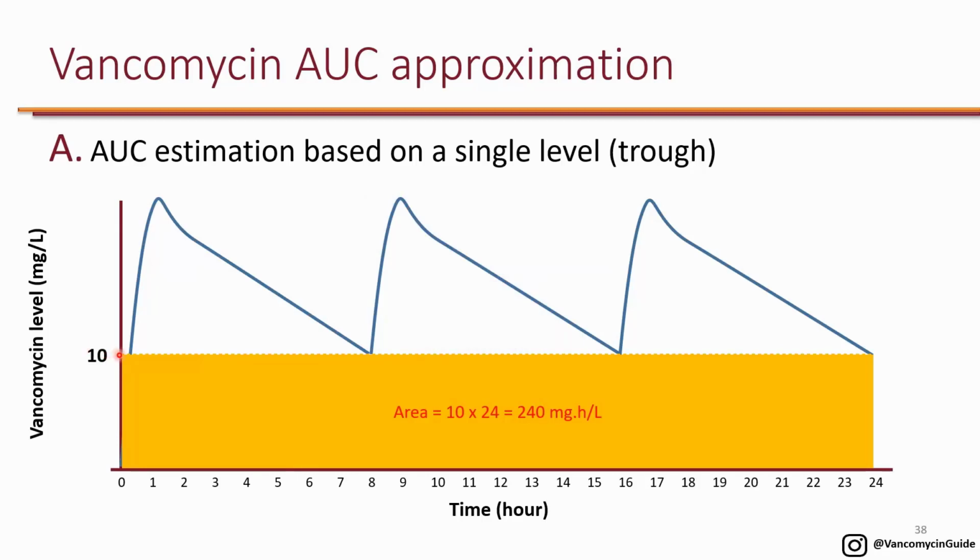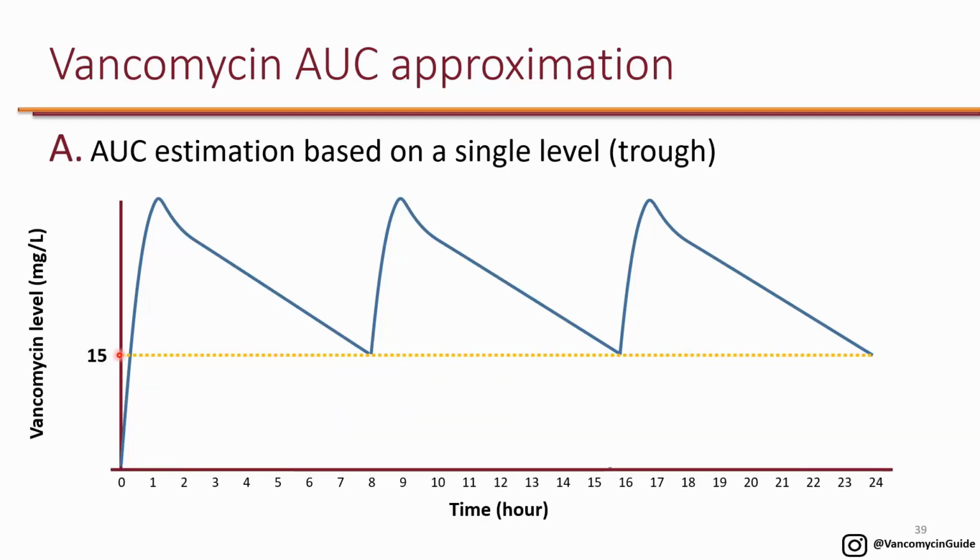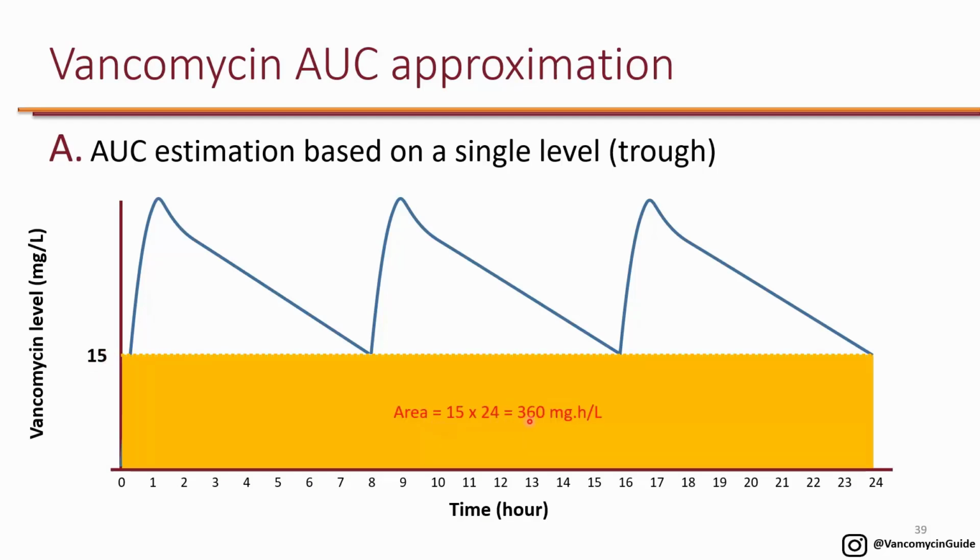So in a non-serious infection, if you have 10 to 15, of course 15 times 24 will give you 360. Now 360 is close to 400, and of course we have all of this area at the very top. So I'm very confident that a trough of 15 will achieve 400.